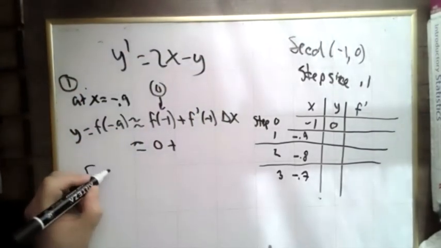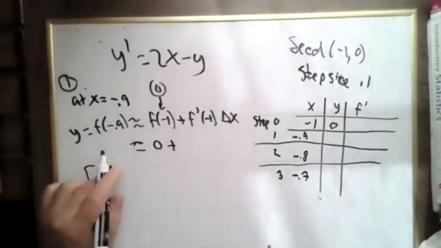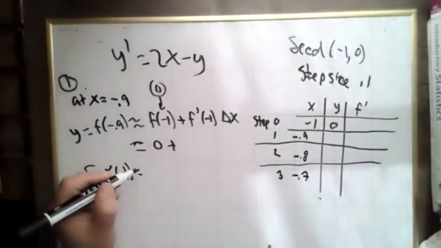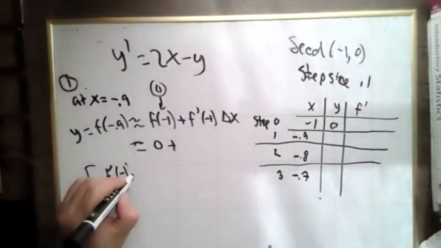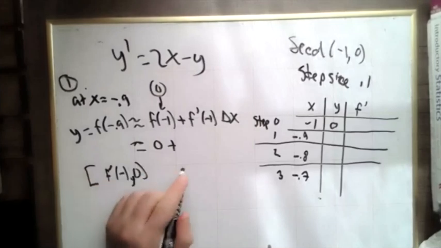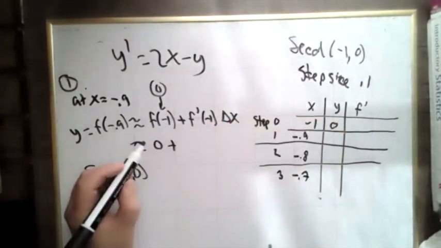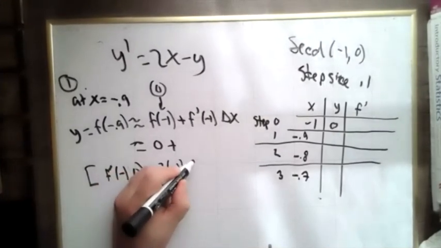So here's a little side work. f prime at (-1, 0), because I'm plugging in this last point, would be 2 times -1 minus 0.